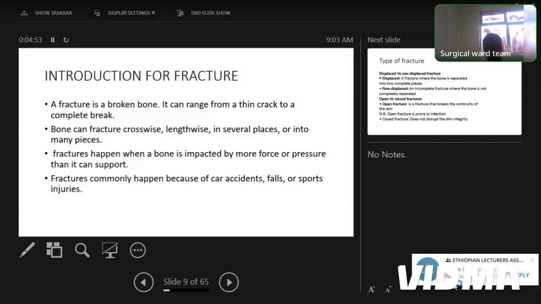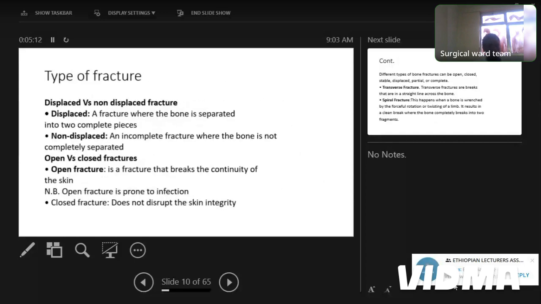Fracture happens when bone is impacted by more force or pressure than it can support. That means when a force is applied on the bone, it may cause a bone fracture. Fracture commonly happens because of accidents, force, and also sports.